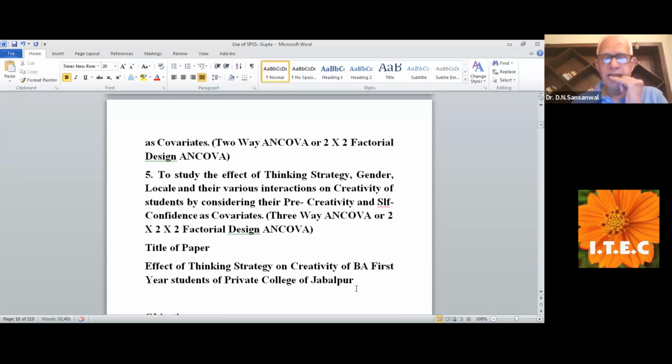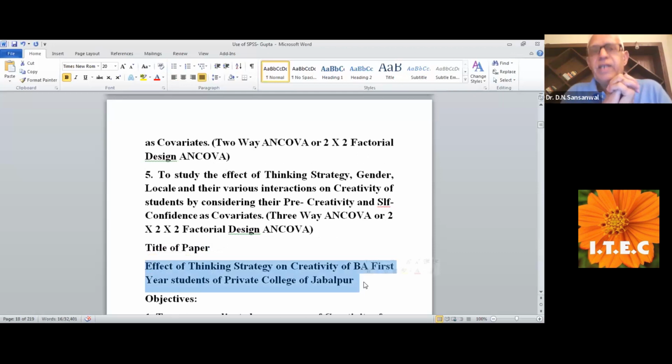So the title of the paper is this one. So the moment you write the word effect, it means it has to be an experimental study.